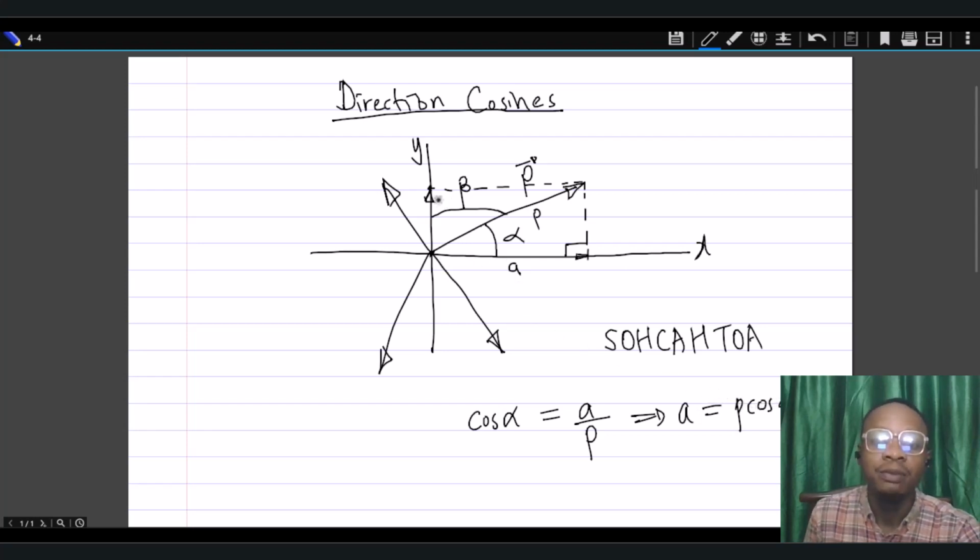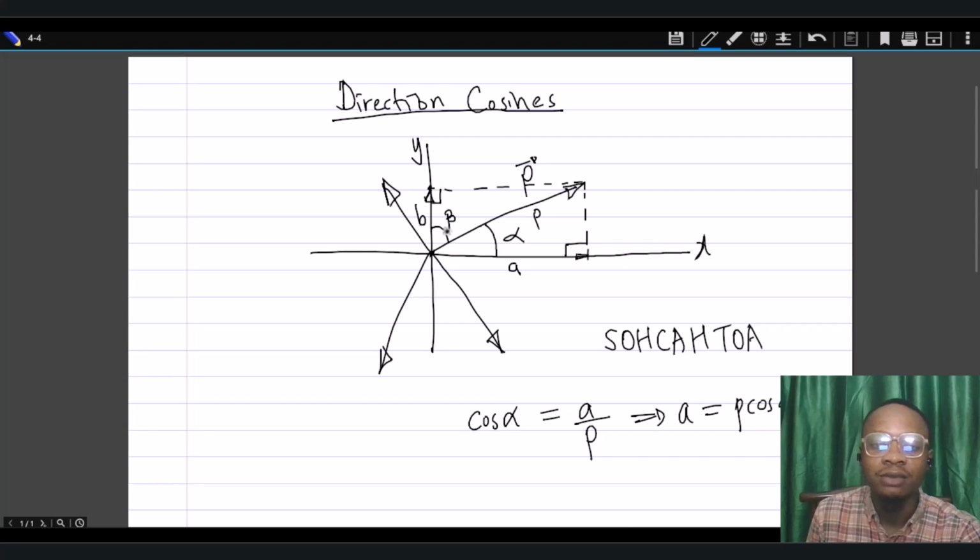The same thing happens, you can easily verify, if we consider the angle that the vector makes with the y-axis, angle beta. So looking at angle beta, we see that the length of this side is b, which is the magnitude of the y component, and this angle here is also 90 degrees.